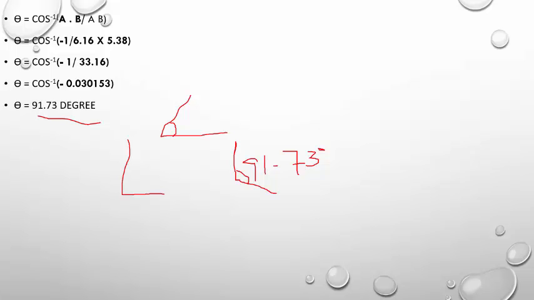This is vector A. This is vector B. And the magnitude we were finding will be the length of this vector. That will be our magnitude.